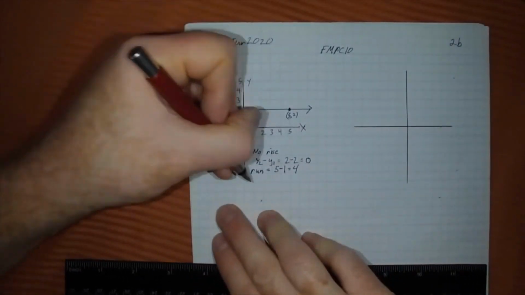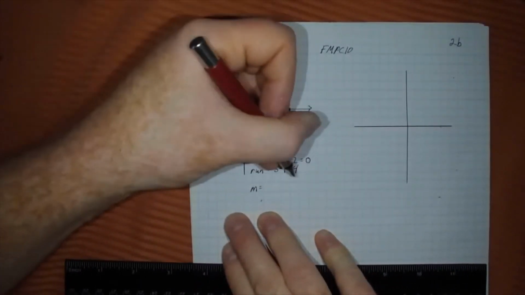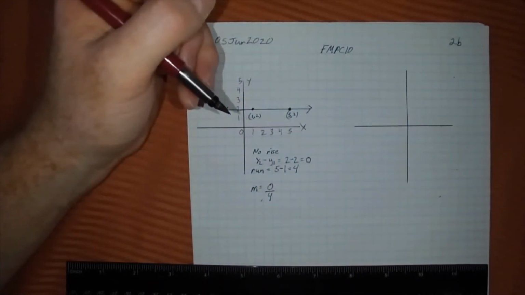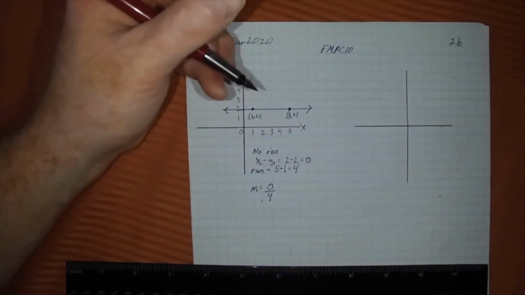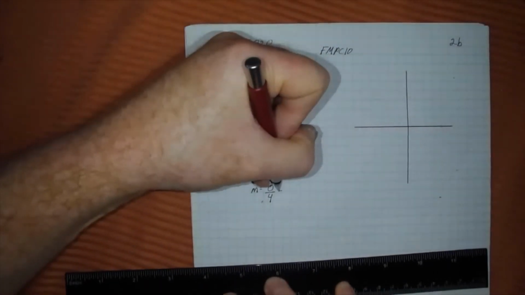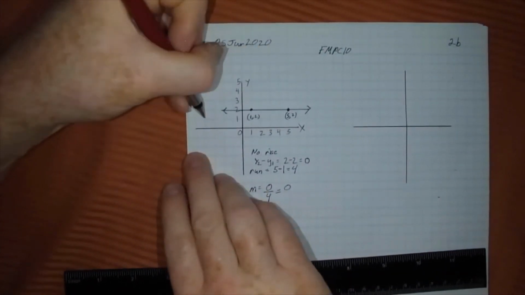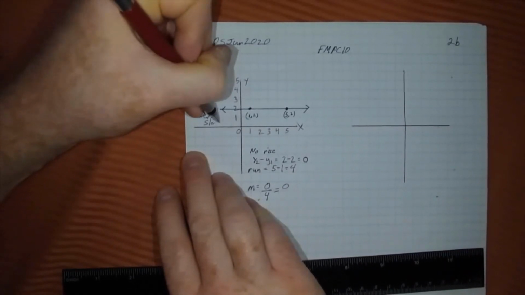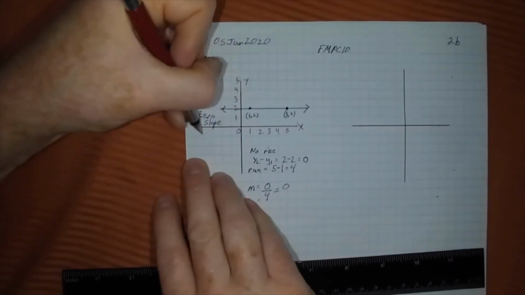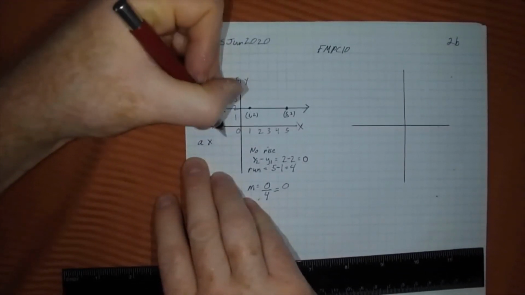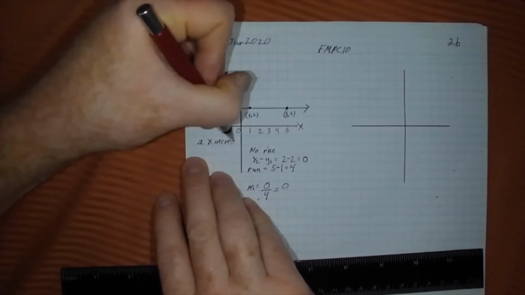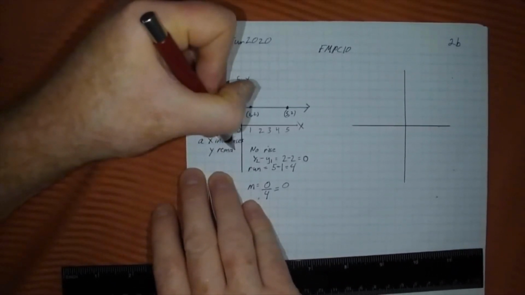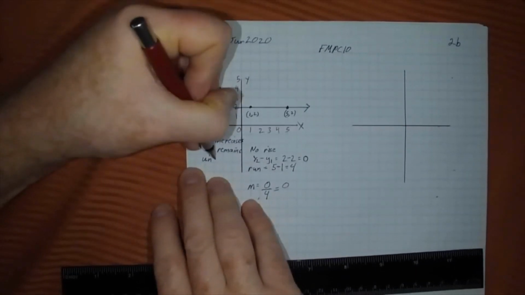So what's my slope going to look like? 0 over 4. 0 over 4 is just equal to 0. This has a 0 slope. As x increases, y remains unchanged.